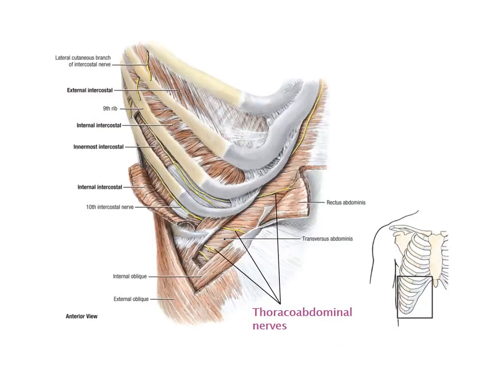Intercostal nerves 7 through 11 continue onward to the abdomen between the transversus abdominis muscle and the internal oblique muscles, and once they cross the line of the costal margin, they change names to become the thoracoabdominal nerves, which again are responsible for innervating the muscles of the abdominal wall, in addition to the intercostal muscles while they were in the intercostal spaces.